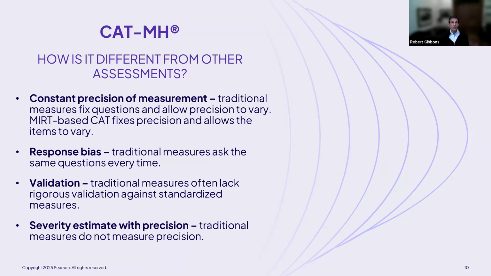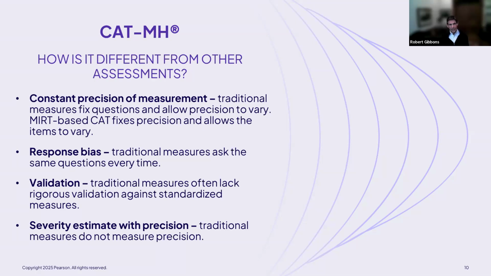And it also allows us to measure with very high precision people who might have subclinical psychopathology or moderate suicide risk, whereas traditional measures usually have much higher uncertainty in people with lower levels of psychopathology or suicide risk.